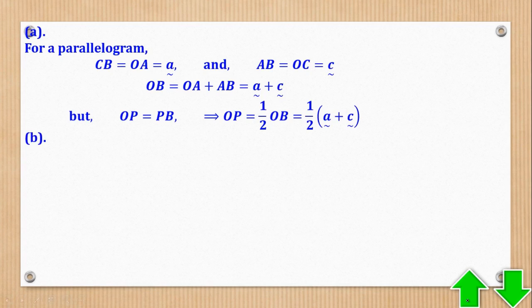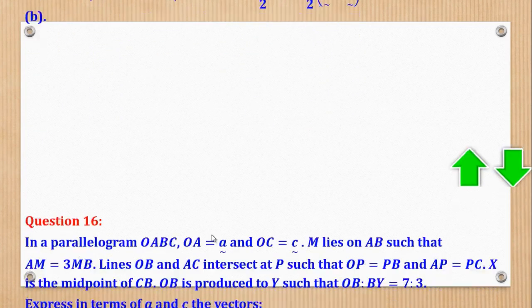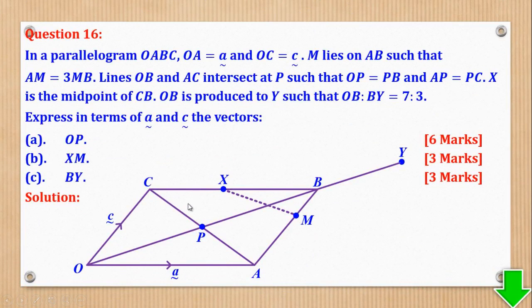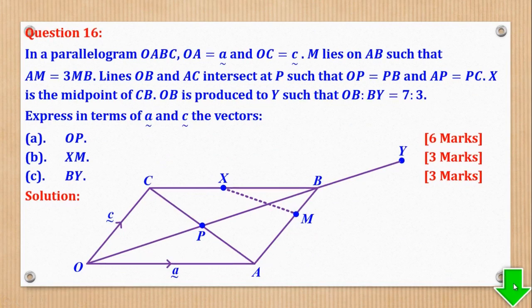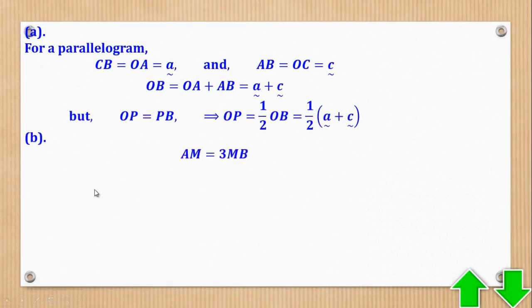Then part B, they said XM. So we know that AM is equal to 3MB.